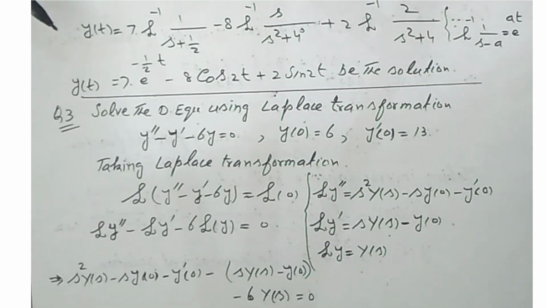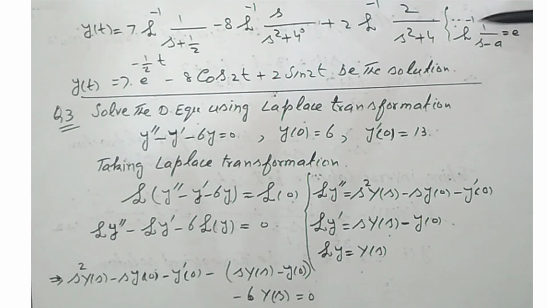Now Laplace inverse of f of t becomes y of t, which is equal to 7 Laplace inverse of 1 by s plus 1 by 2, minus 8 Laplace inverse of s over s square plus 4, plus 2 Laplace inverse of 2 over s square plus 4.